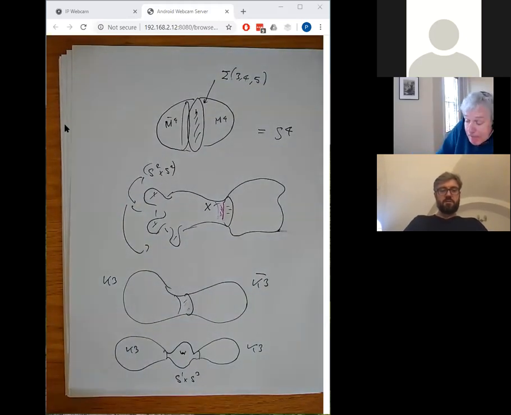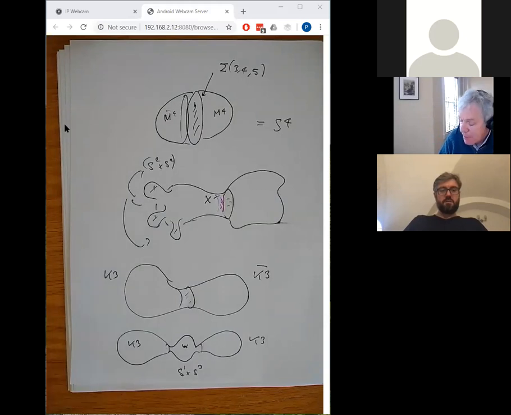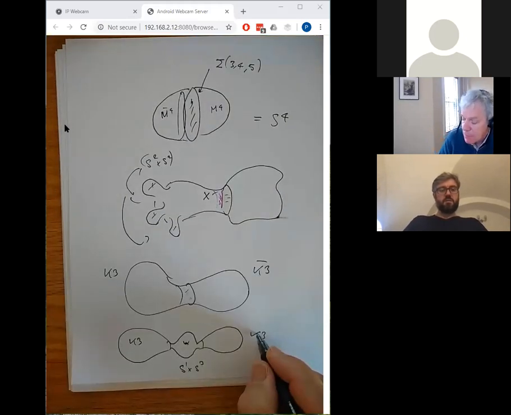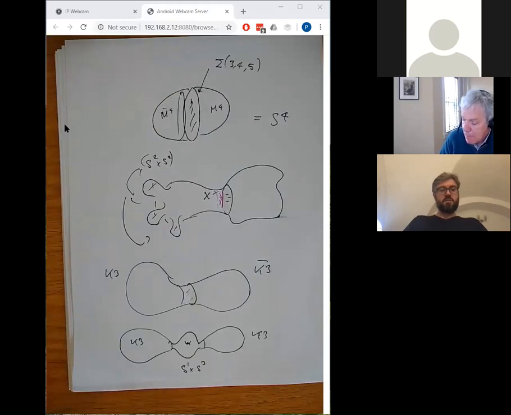I'm making some calculation here and getting a contradiction, because that manifold is a twofold covering of K3 connected sum twisted S1 cross S3, which is an exotic copy of twisted S1 cross S3 connected sum 11 copies of S2 cross S2.